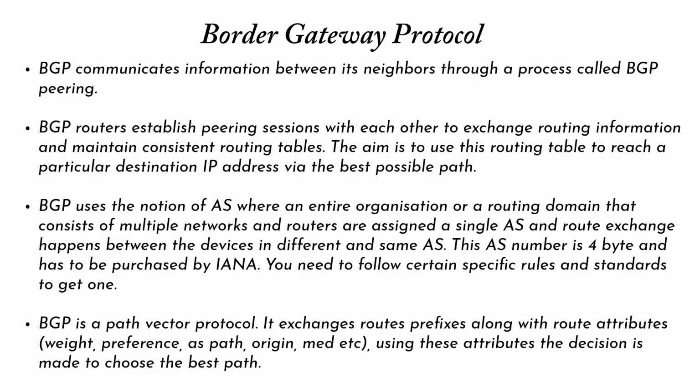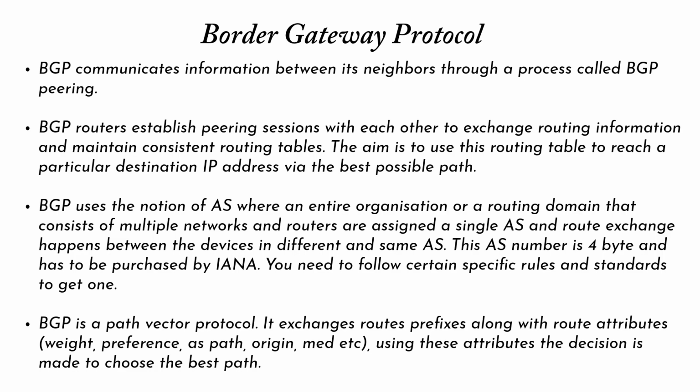Now BGP is a path vector protocol. So what do we mean by path vector? As a routing protocol, its main duty is to exchange route prefixes, but BGP also exchanges route attributes.